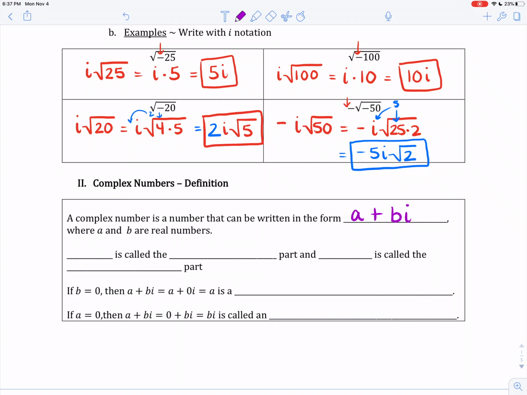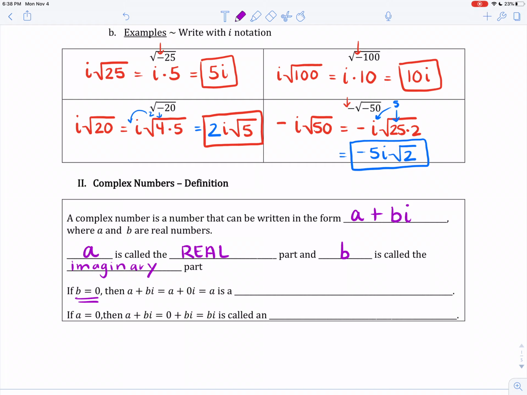Now, we refer to a, the part without the imaginary unit, as the real part, and we refer to b, the part with the imaginary unit, as you might guess, as the imaginary part of the number. Now, notice if b is equal to 0, that means technically there is no imaginary part to that number.